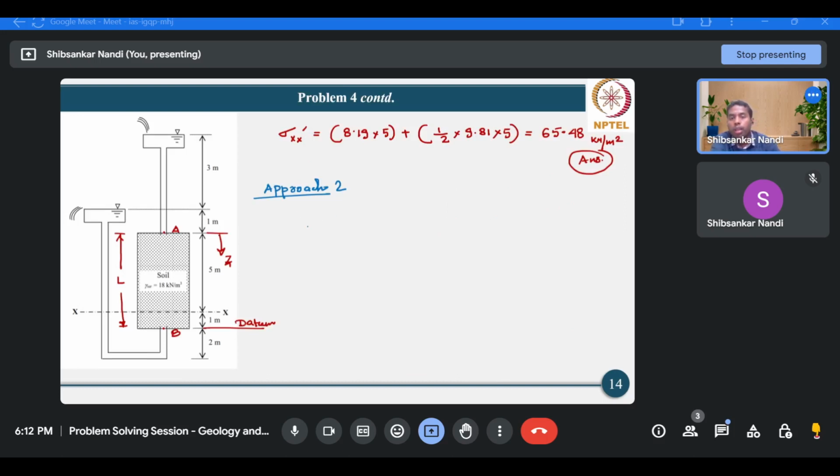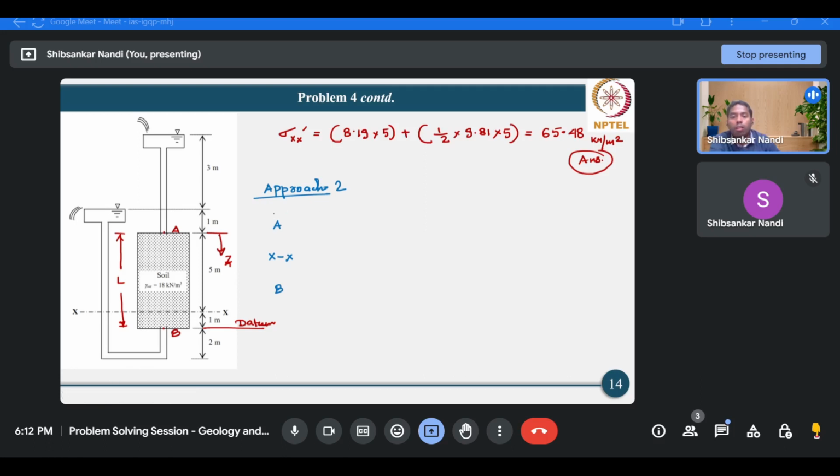In this approach, as I have mentioned, we'll first establish the variation of total head, elevation head and pressure head throughout the soil sample. So we'll basically pick three sections or three points for the given soil sample. First, this is point A, that indicates the top surface of the soil. Then section XX, at which we have to calculate the effective vertical stress, and point B, that indicates the bottom of the soil sample.